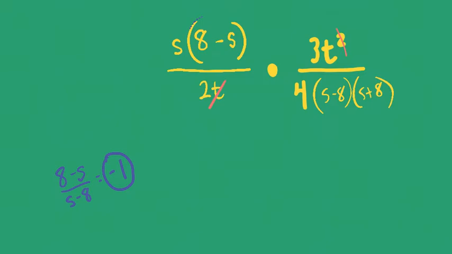Okay, so all that to point out that we do have 8 minus s on top, and we've got s minus 8 on the bottom. And those two we can cancel out as long as we've got a -1 that we add in there somewhere. So I'm going to go ahead and put it next to the s. We're multiplying those.